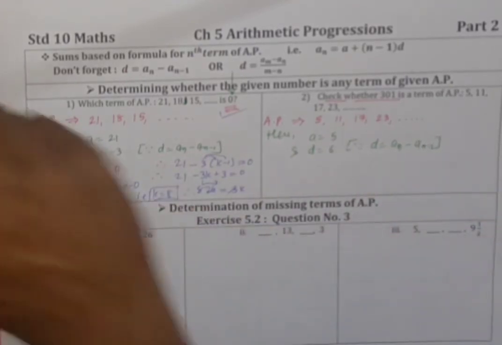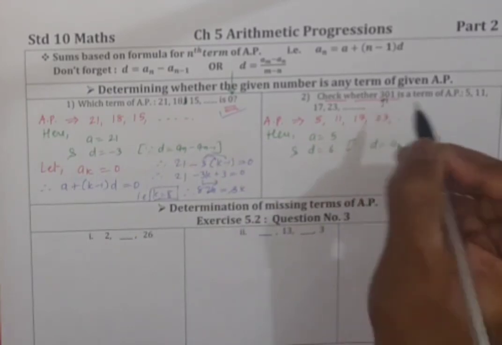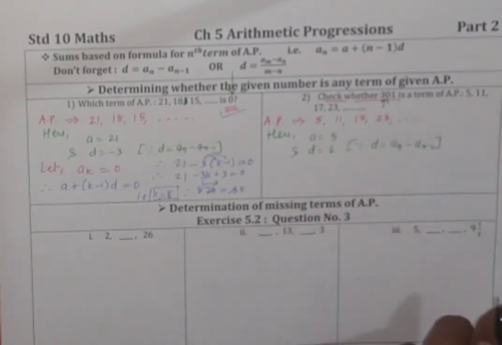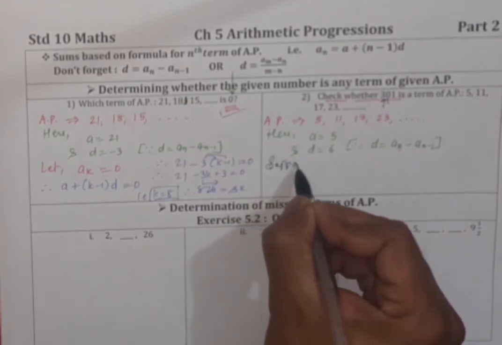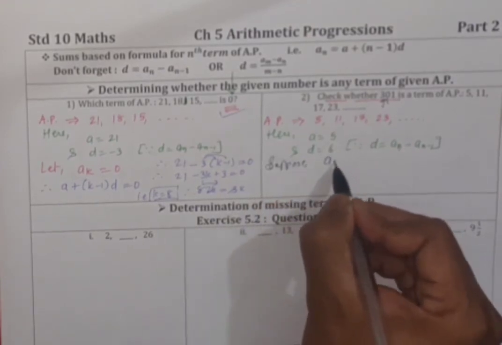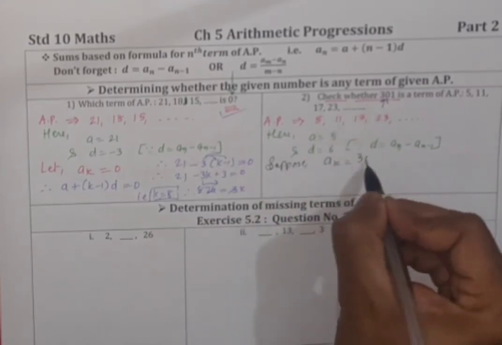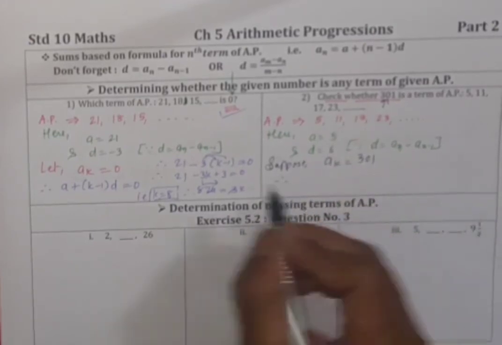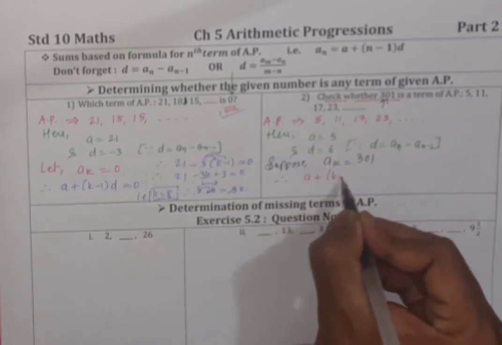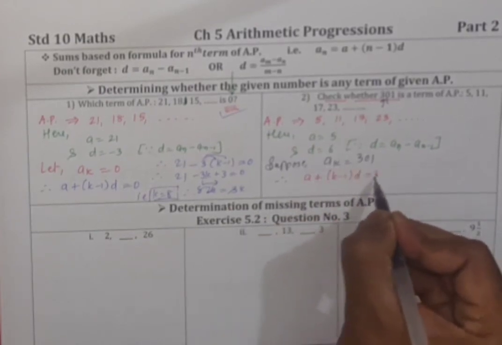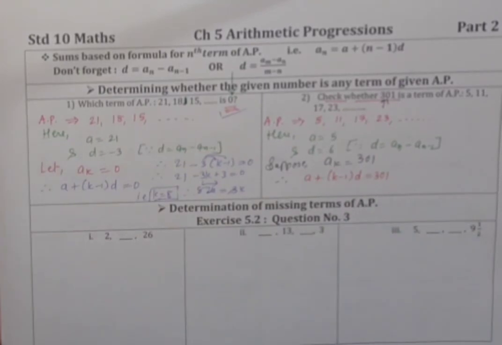Alright. Now is it a term or not? We say suppose kth term AK is 301. Therefore, same formula, AK will be what? A plus K minus 1 into D is equal to 301. All right, children.